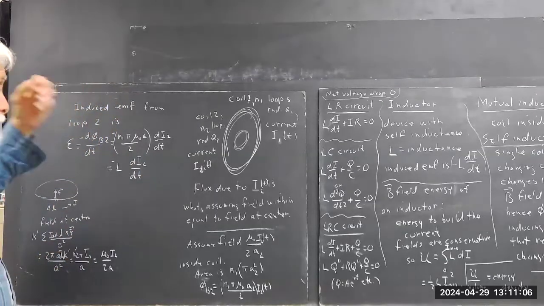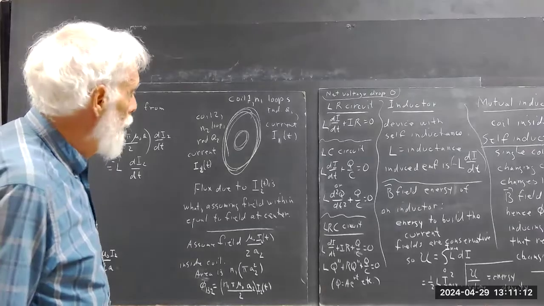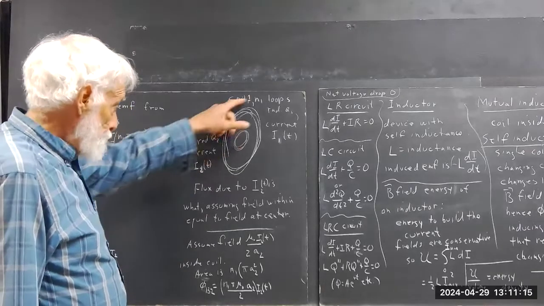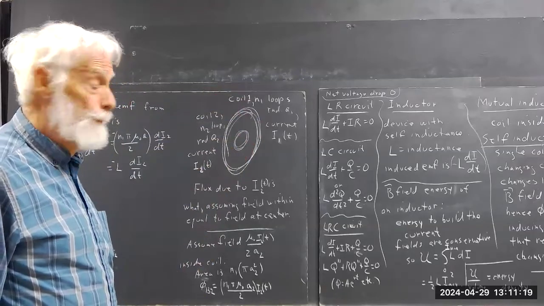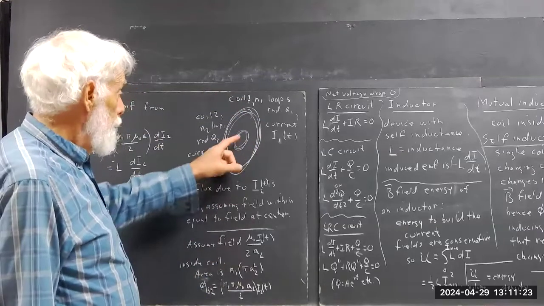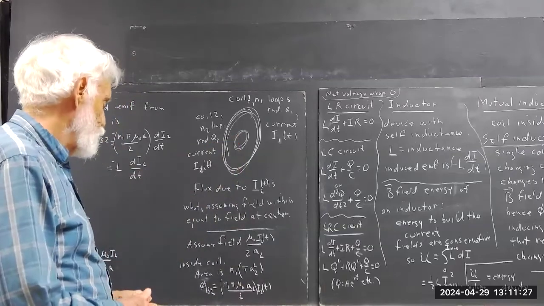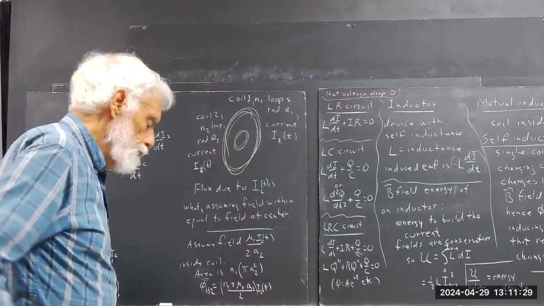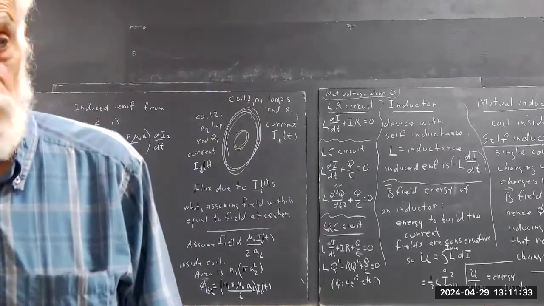Okay, so that's just one example of a mutual inductance. Now, if you had a current through the bigger loop and it was changing, it created a magnetic field that changes the flux in the smaller loop. So you should look at the formulas and see how they come about.